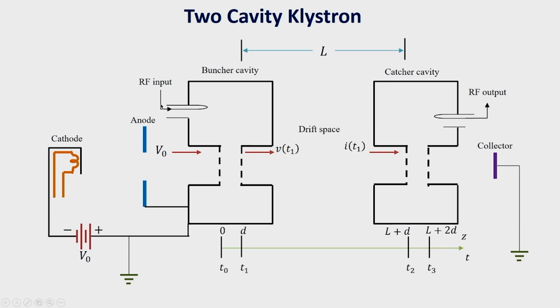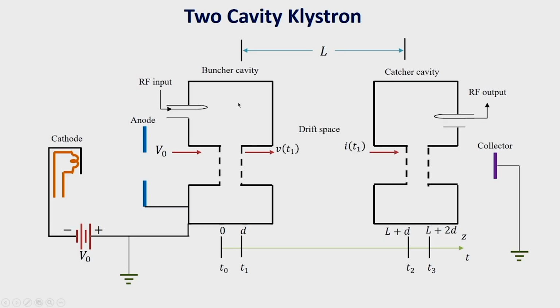RF input is applied at one cavity, which is called the buncher cavity. We will see that the RF input applied here will help to form bunches of electrons.